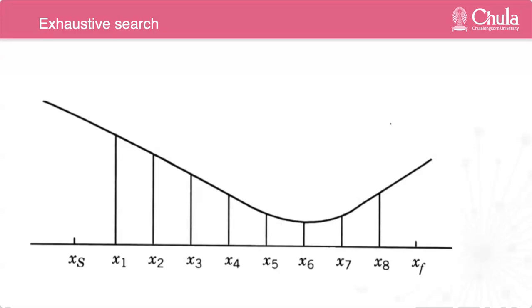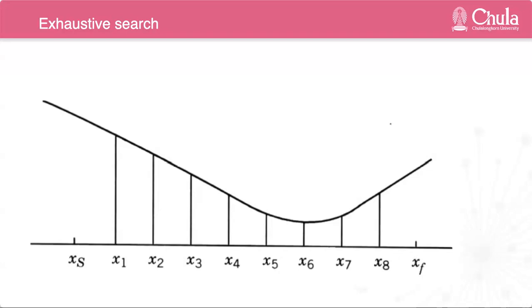So the interval for the next step is not L0 divided by 9, but it must be 2 of L0 divided by 9, right? L0 is xs to xf.